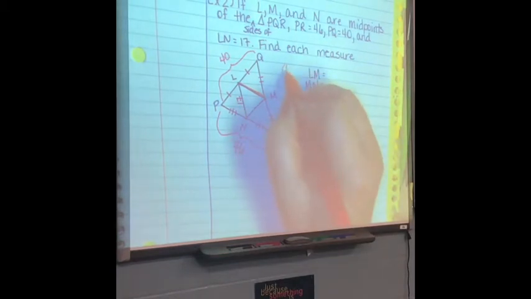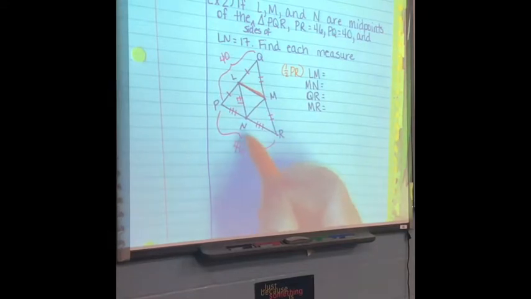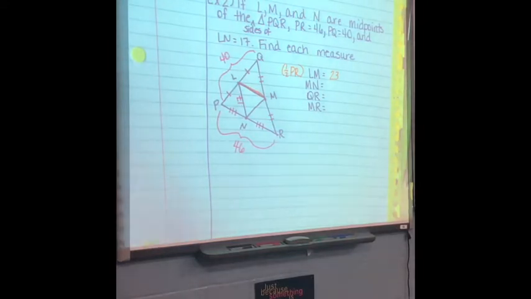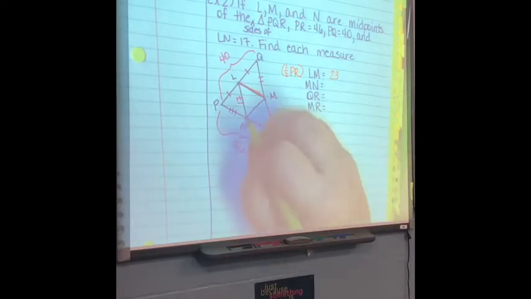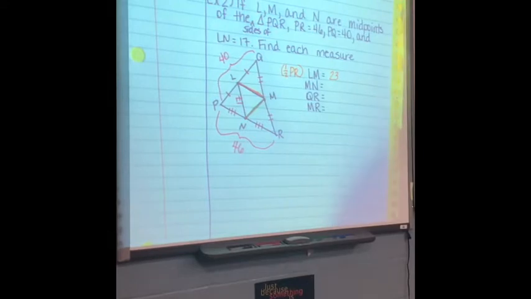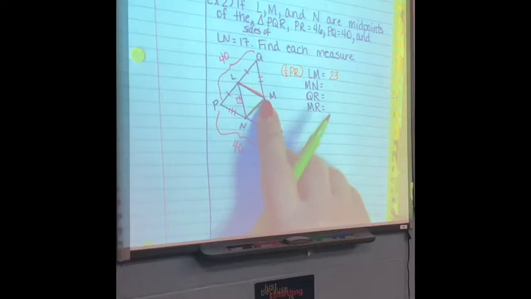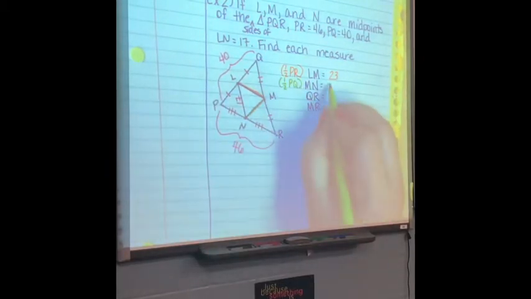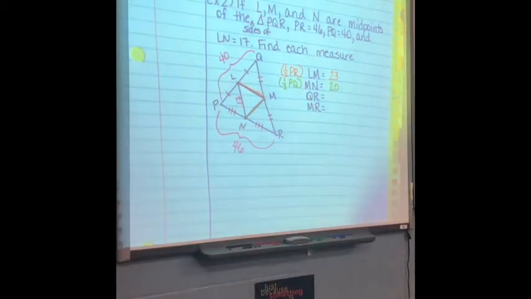PR, right? Half of PR. So what is half of 46? 23. See it now? Okay. So then it asked me for MN. How might I find MN? It's half of PQ. And what's half of 40? 20. Good.